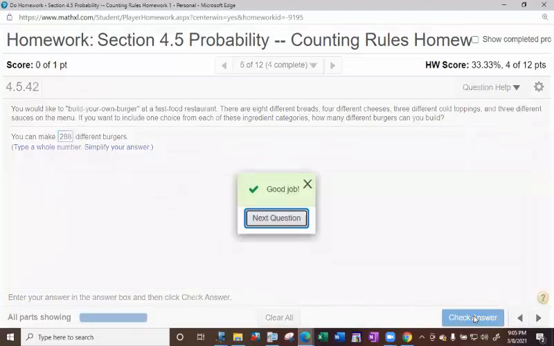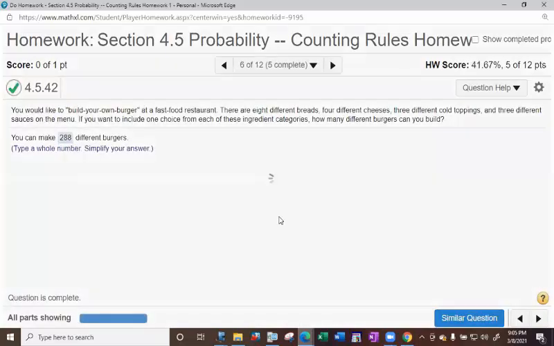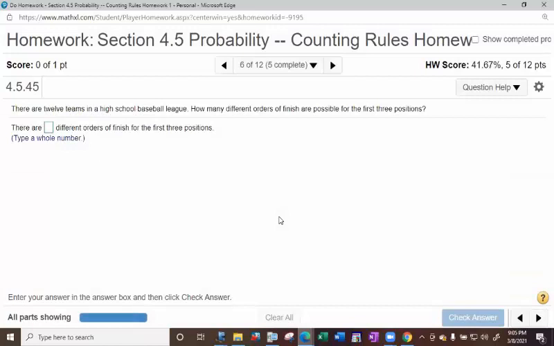Woohoo! It was 8 times 4 times 3 times 3. I thought I would at least say that verbally since I didn't put it in the calculator. You should not try that experiment at home. You should multiply it in the calculator.